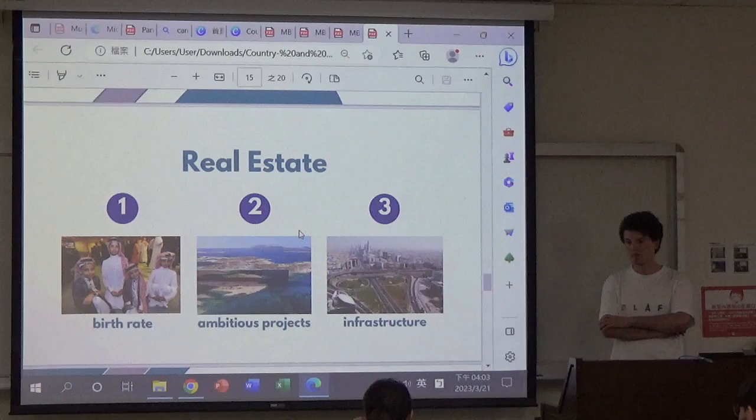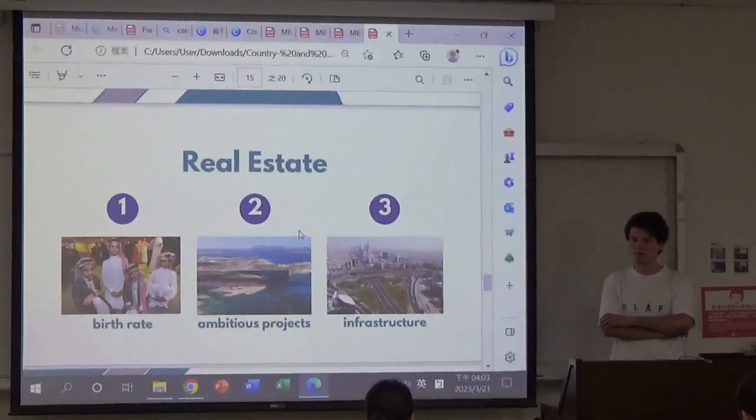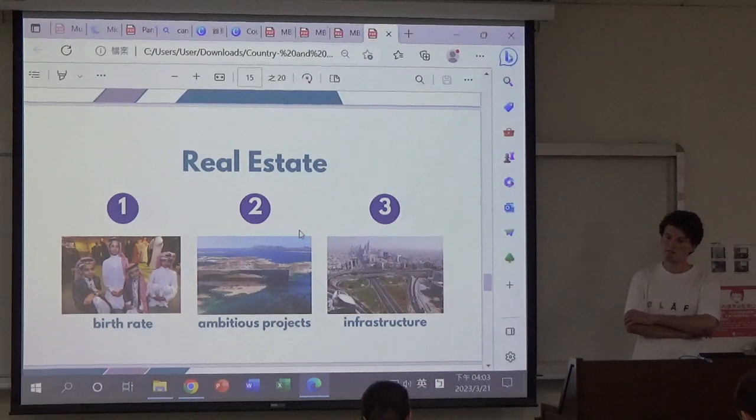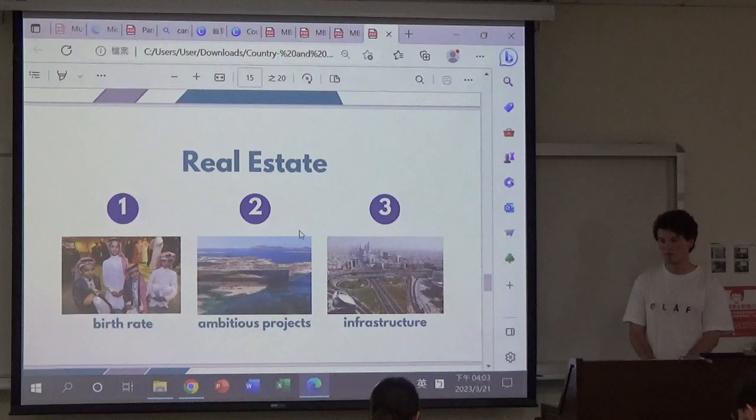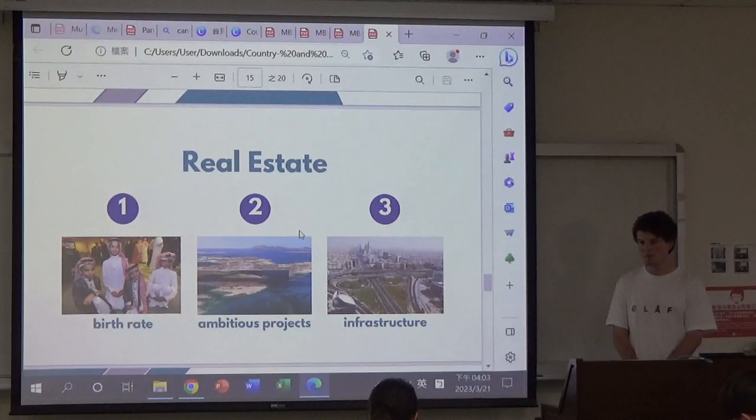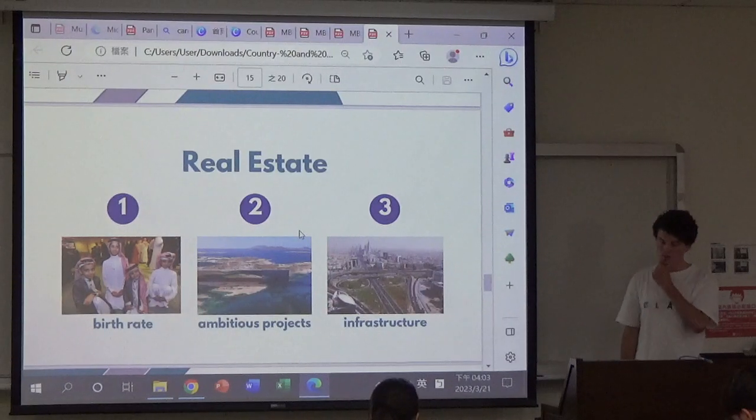But in terms of the transportation, for instance the railway, it is still quite challenging to build a railway in the area due to the climate and the geographic area. It's quite difficult to build this kind of public transportation on the ground in the deserts. So that could be the issue.